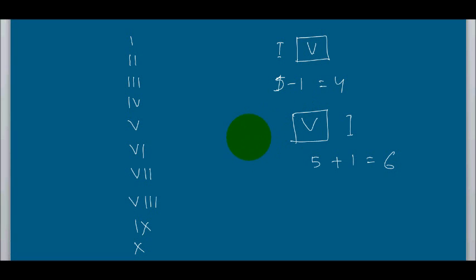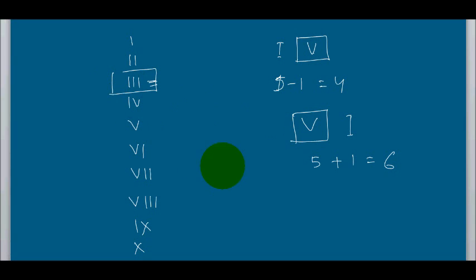Now remember one thing: no number will be repeated more than 3 times. Notice here, you have repeated one number 3 times, 1, 2, 3. You could form 4 by repeating this one 4 times, but this is not the rule of Roman numbers. You cannot repeat any number more than 3 times.